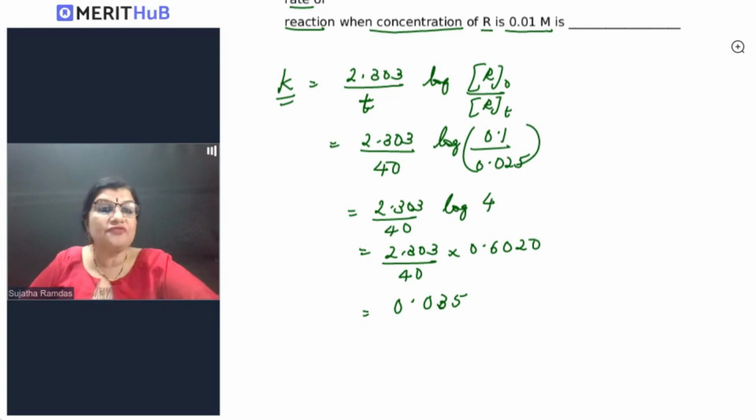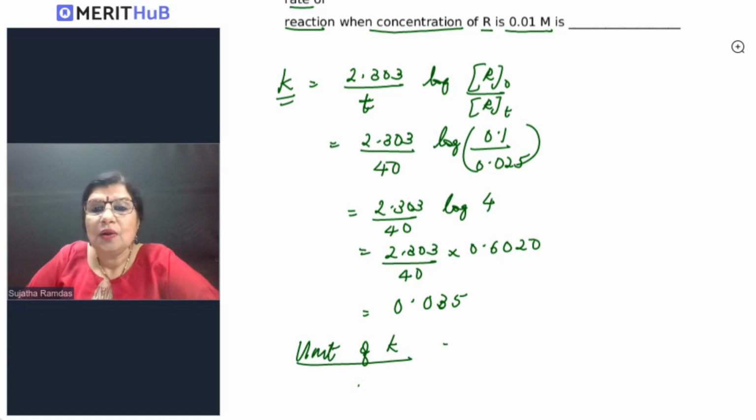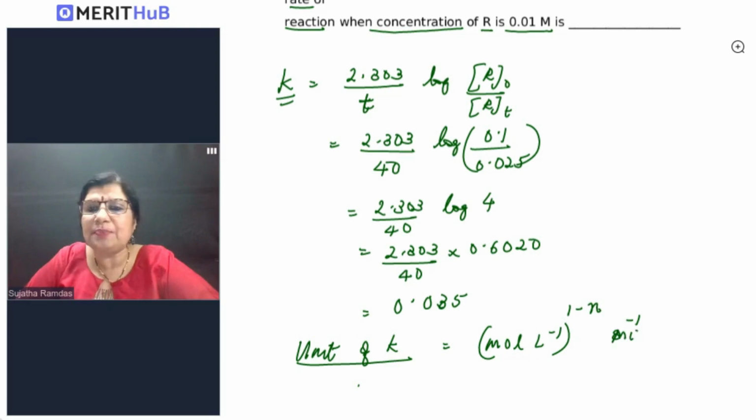And what is the unit of the rate constant? I'll give you a shortcut formula to find out the unit of k. Now this is the first order reaction. So unit of k is given as mole per liter to the power of 1 minus n per second or per time. Here the time is per minute.